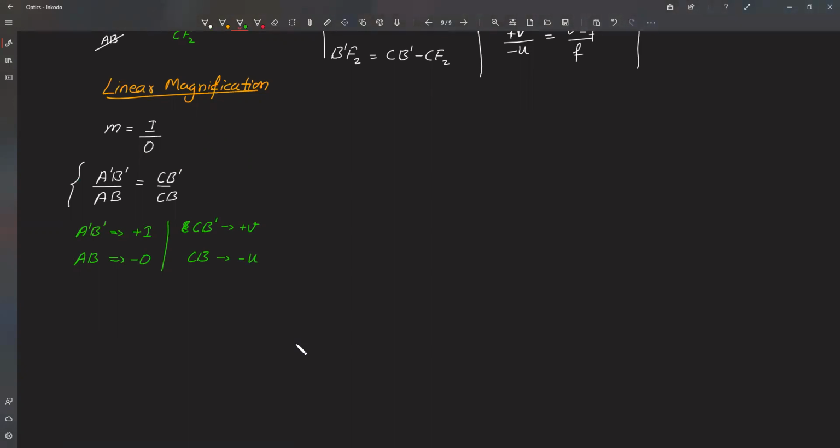Done. So that means this magnification is equal to minus v by u.